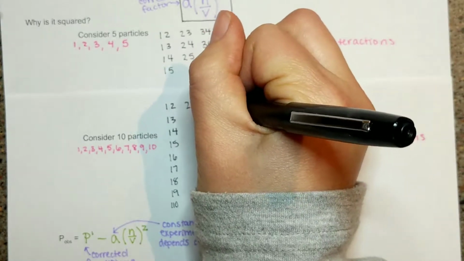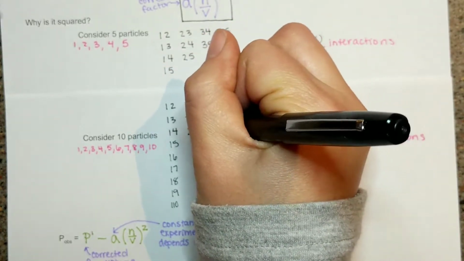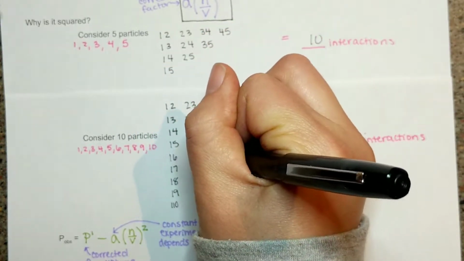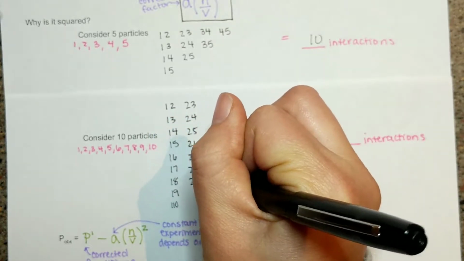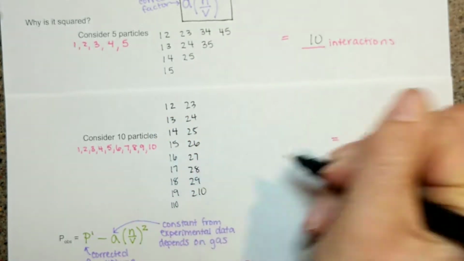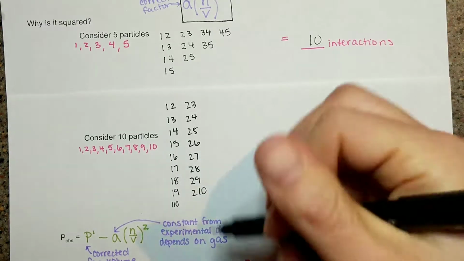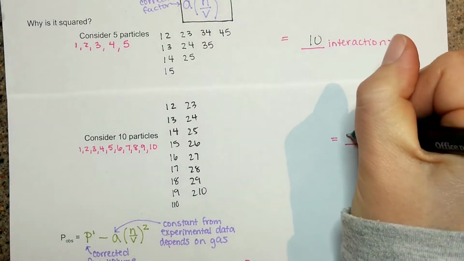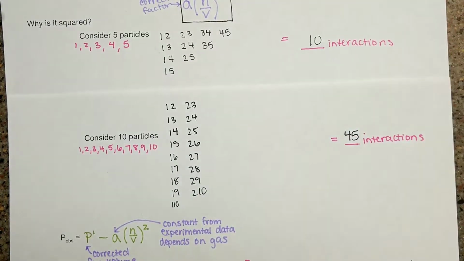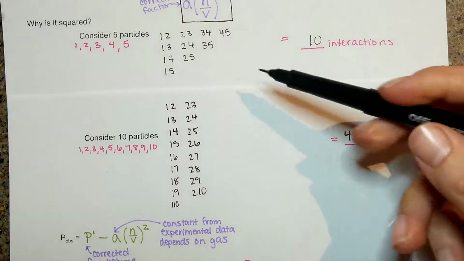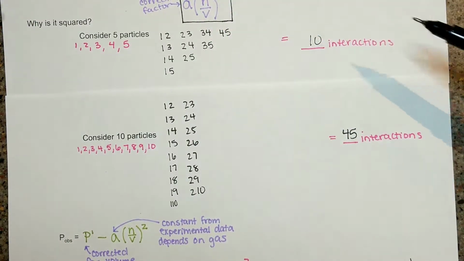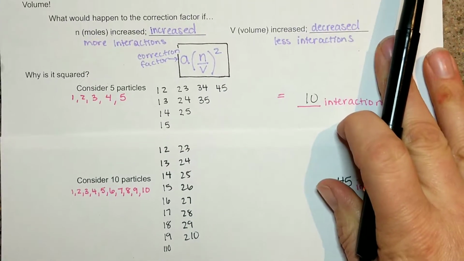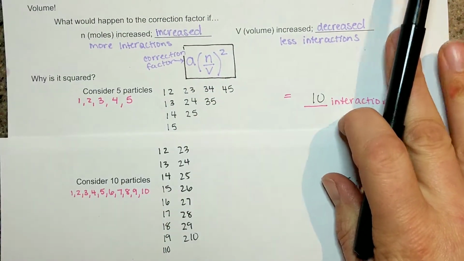Then 2 to 3, 2 to 4, 2 to 5, 6, 7, 8, 9, 10, and so on. I think you get the picture. When you add all of those up, you end up with 45 interactions. So this is why we end up with a squared value for our amount here.